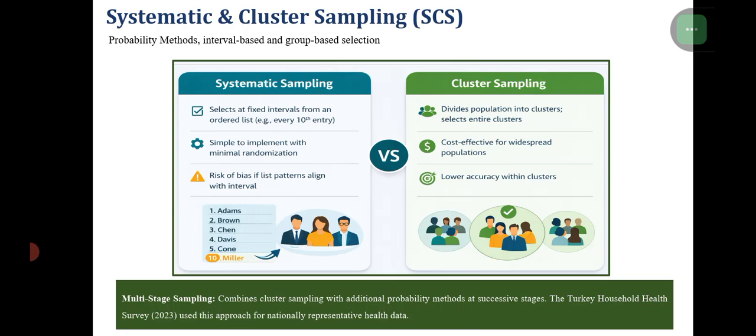Those 2 you select are the clusters you are going to work with. You go into those communities and do the study there. So that's the way cluster sampling works.